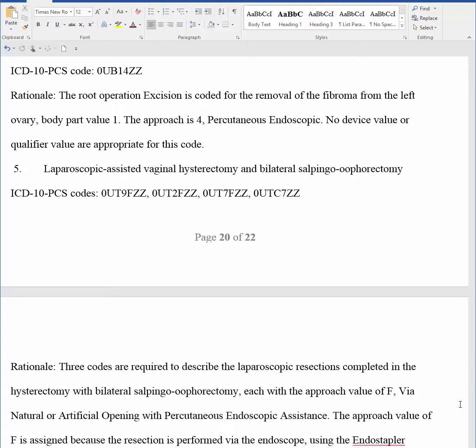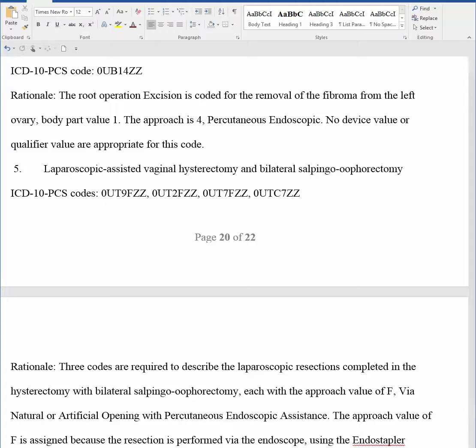It says the uterus, tubes, talking about the fallopian tubes, and ovaries were then easily removed through the vagina. So with the laparoscopic assistance, the surgeon's using this laparoscope to guide him, and then basically pulling things out through the woman's vagina.